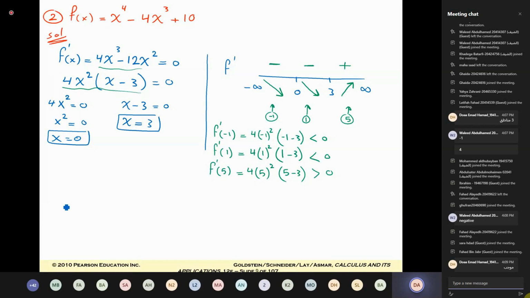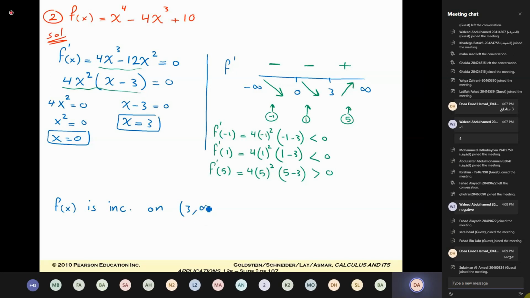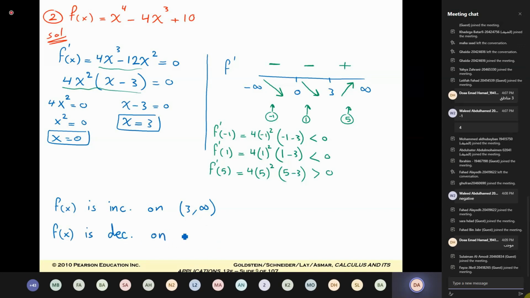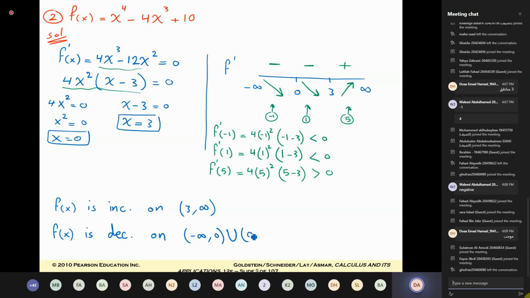Okay, so we can conclude f of x is increasing on the interval from 3 to infinity, and f of x is decreasing on the interval from negative infinity to 0, union from 0 to 3.